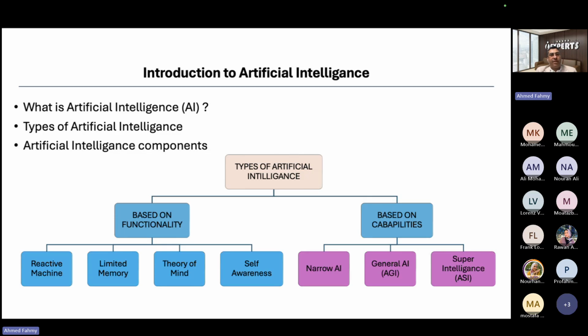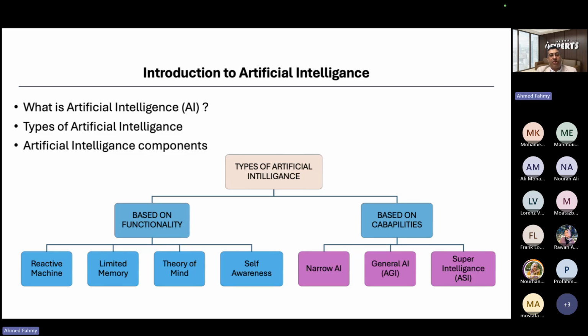Based on sequential interactions, you can ask questions, and the GPT engine will remember that this question is related to the previous one. They remember the answer and your question, and then customize the next answers based on the previous one. These kinds of AI machines are called limited memory machines.